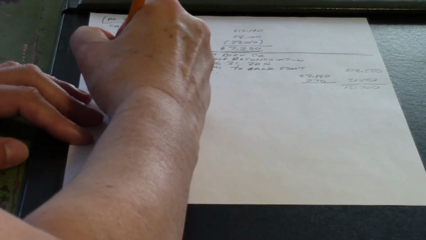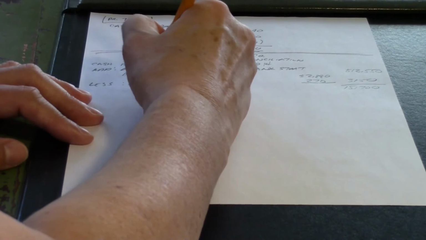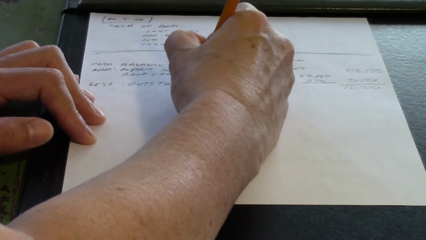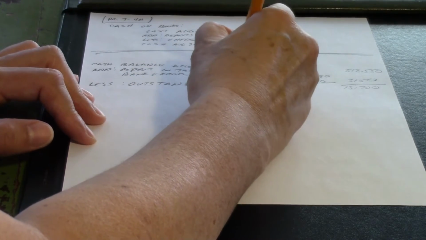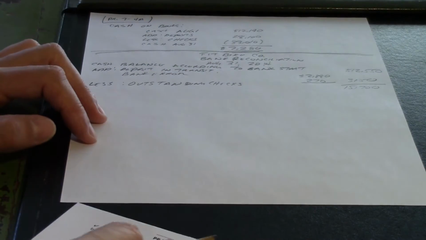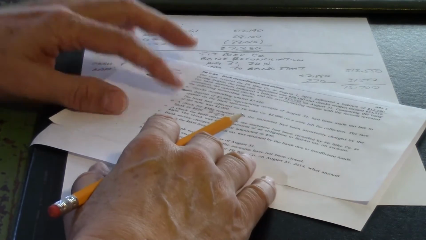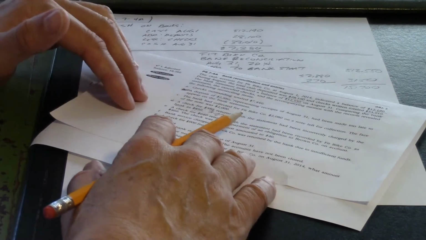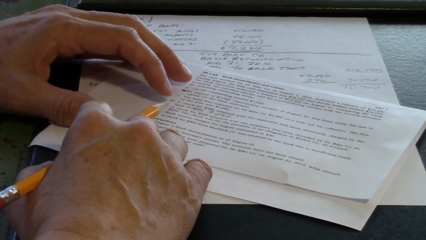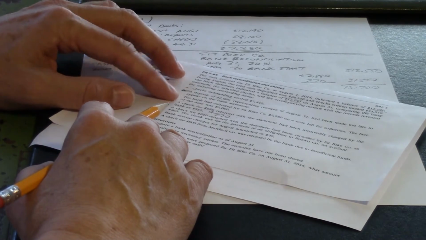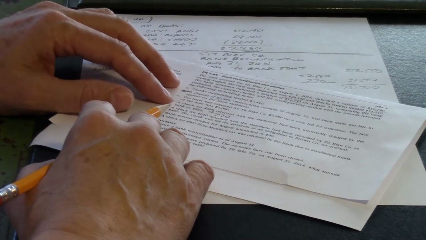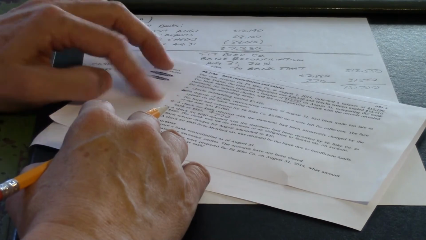And then less outstanding checks, always. There's always going to be a few outstanding checks. And anything else that needs to be subtracted, like if there was an error in the other direction that wasn't on the bank statement. But all of these other items are on the bank statement. So that's it.